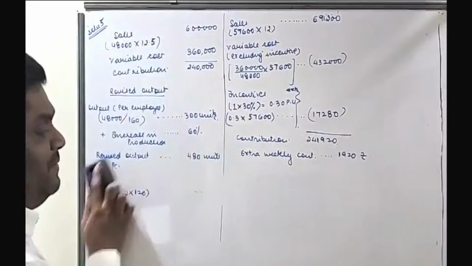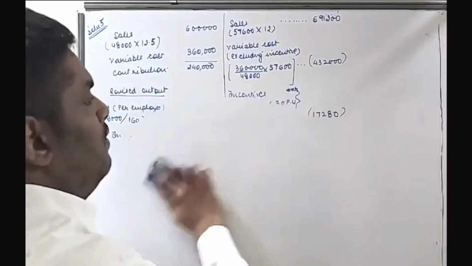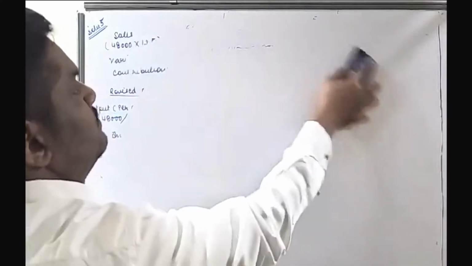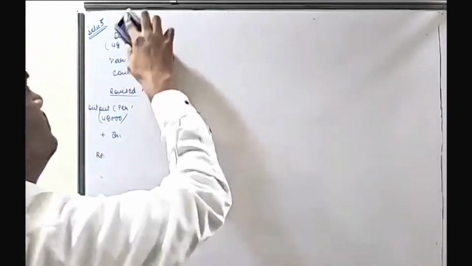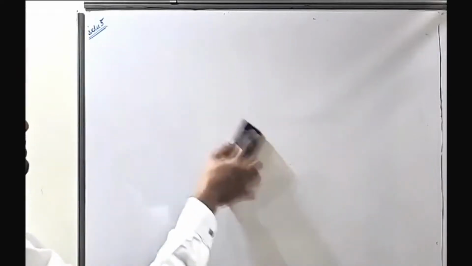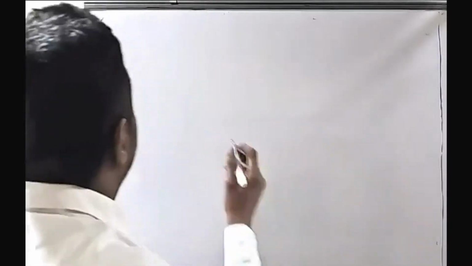Here the new concept is the shutdown point. So we will first calculate the fixed cost of the quarter and the variable cost, and accordingly we will start the question. So let's start.